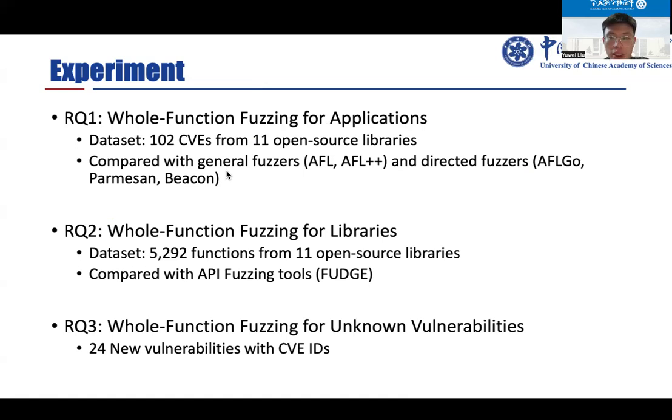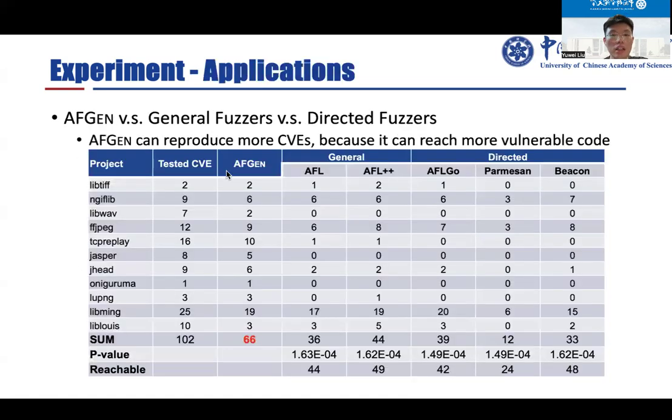Finally, we compare the ability to discover new vulnerabilities. Compared to the general fuzzers, such as AFL and AFL++, and the directed fuzzers AFLGo, Parmesan, and Beacon, AFGEN can reproduce 66 CVEs, which is significantly more than other tools.